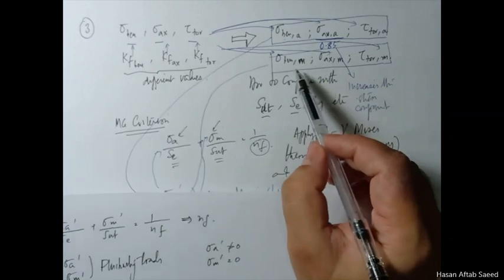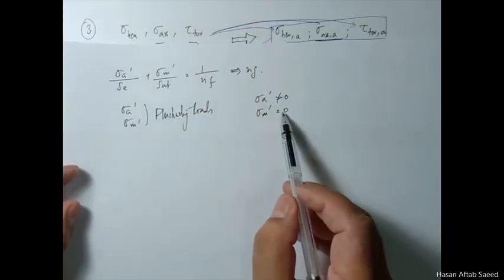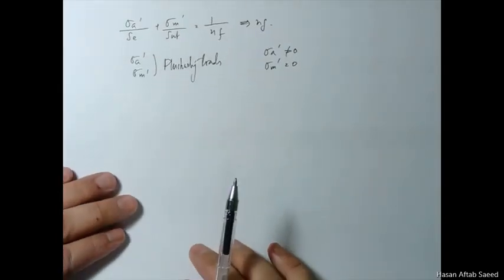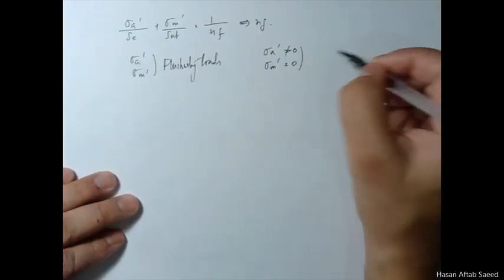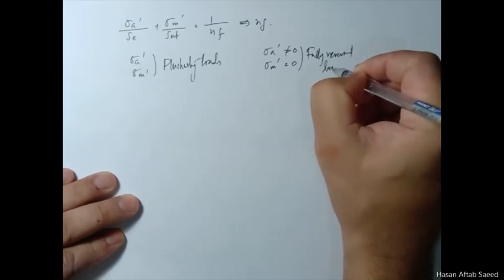But all your mid-range components, if they are 0, then it means that your sigma m prime will also be 0. This is a case of fully reversed loading.